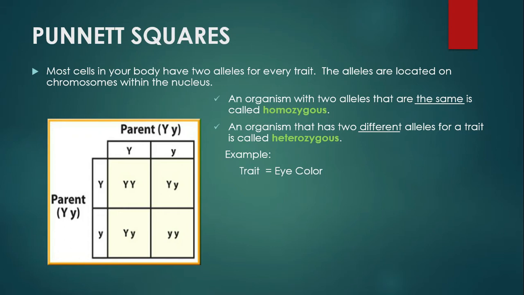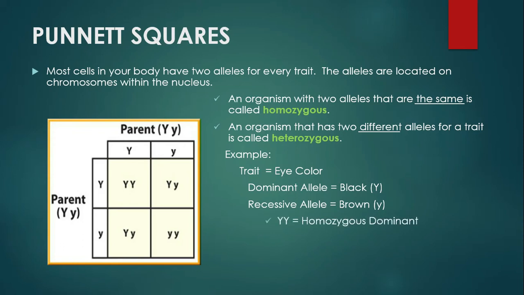So again, let's take the eye color as the example for the trait, where the dominant allele written as capital letter Y is black, and the recessive allele written as small letter y is brown. If you can see here, I have written both capital letter Y as one of the results, which expresses homozygous dominant. Why homozygous dominant? Because they are written in both capital letters, making both dominant.